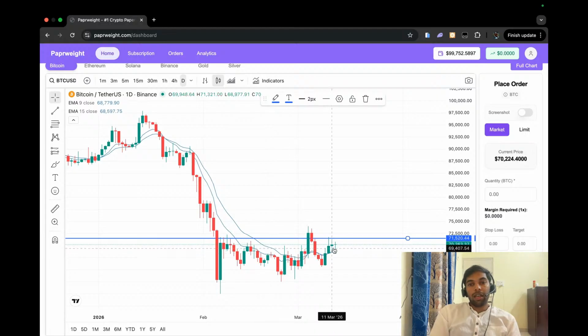For the past 3 days these candles are making doji candles, facing rejection from here and getting support from here. So buyers are interested in pushing the market up, and at the same time sellers are not interested in letting price action cross this area, right?